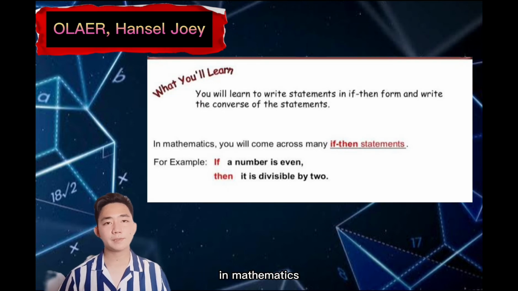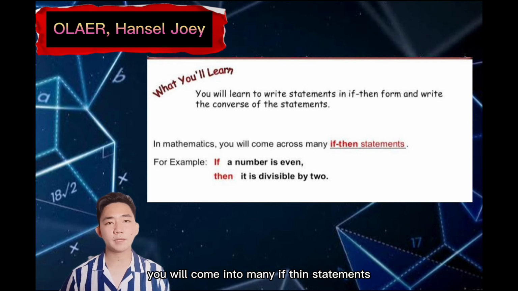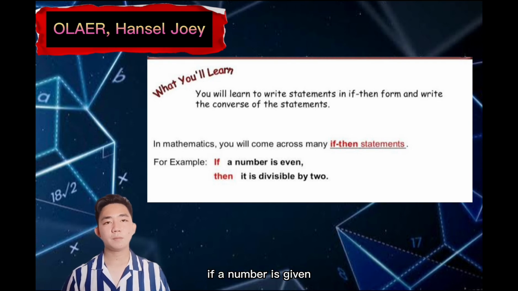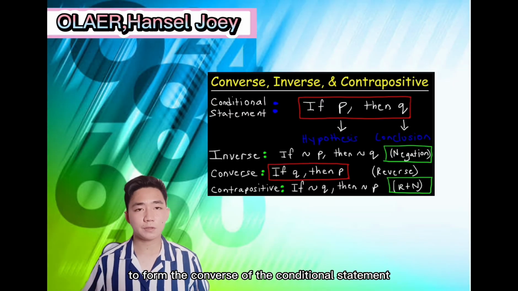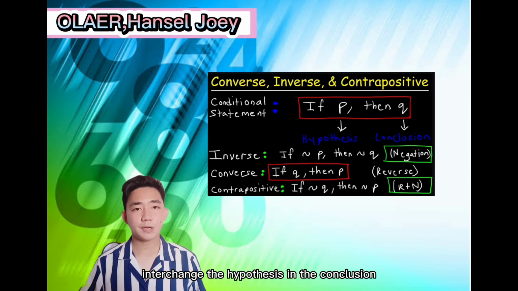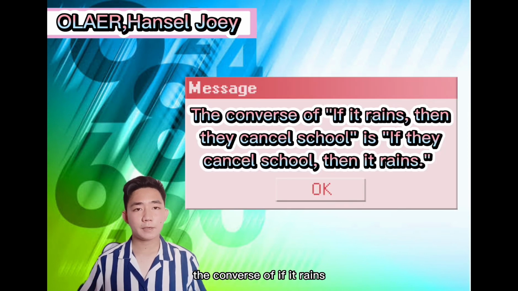In mathematics, you will come across many if-then statements. For example, if a number is even, then it is divisible by 2. To form the converse of the conditional statement, interchange the hypothesis and the conclusion. The converse of "if it rains, then they cancel the school" is "if they cancel the school, then it rains."